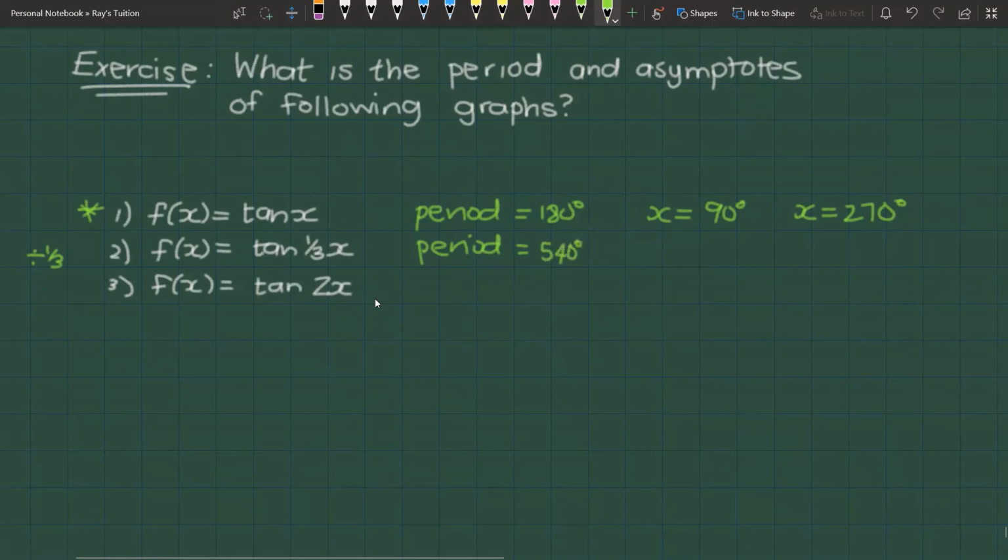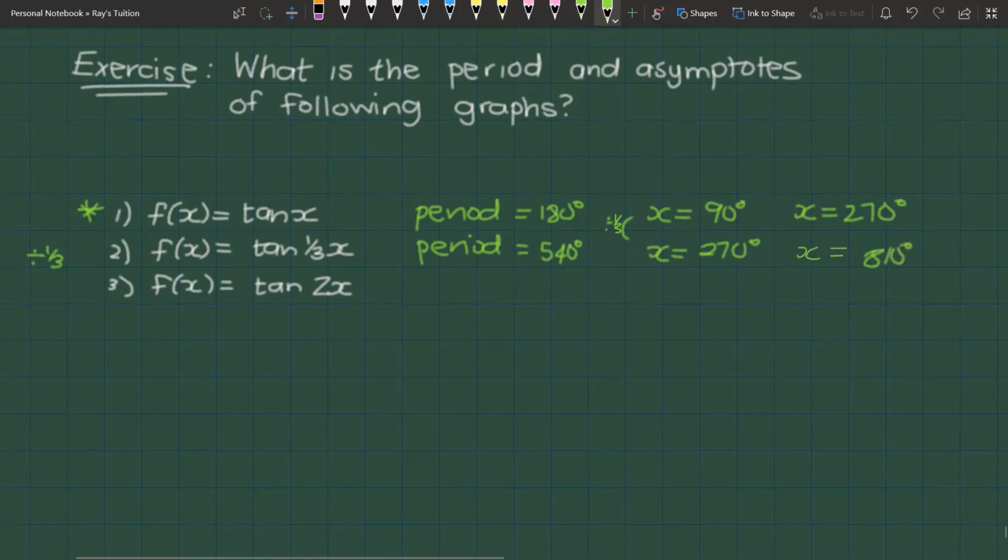For our asymptote, we have 90 divided by a third, which is the same as 90 times 3. So this one becomes x equals 270. And our next asymptote is 270 divided by a third, so that is 810.